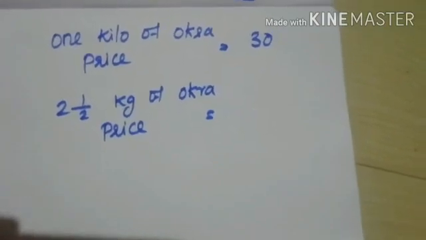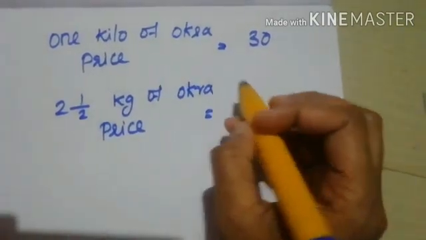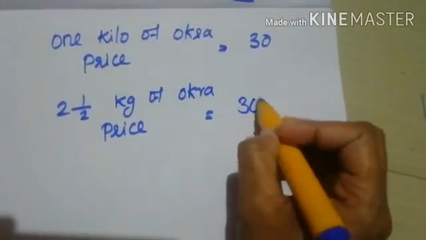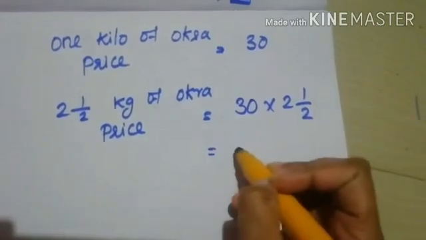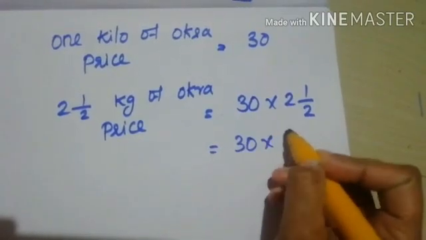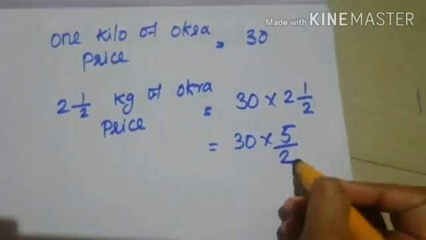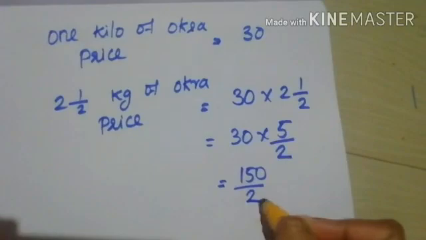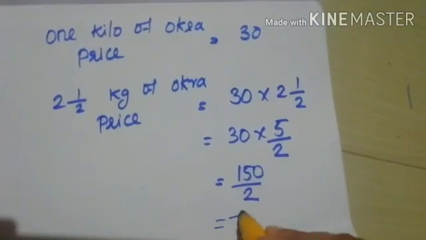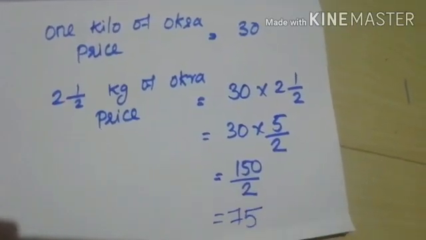Here we can calculate like this. 30 into 2 1/2, which is equal to 30 into 5/2 equals 150/2 is equal to 75.